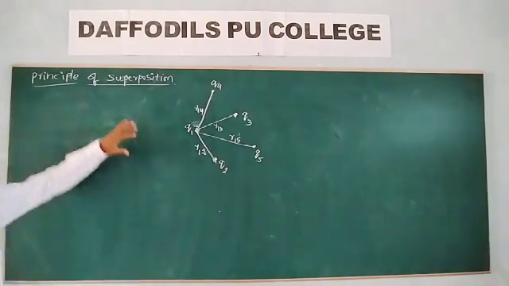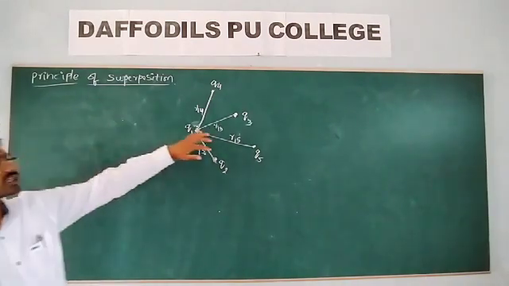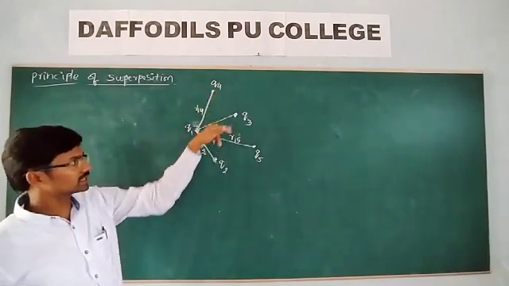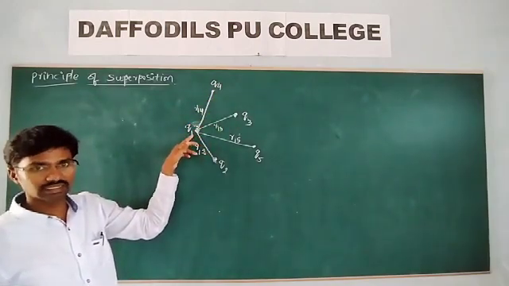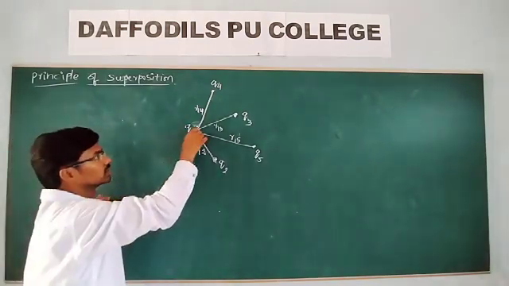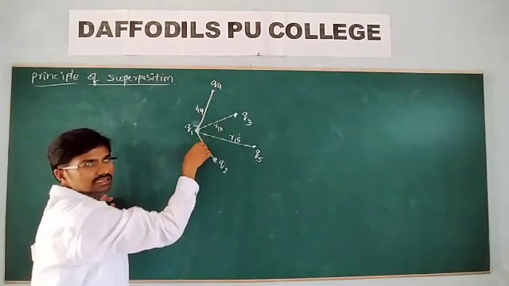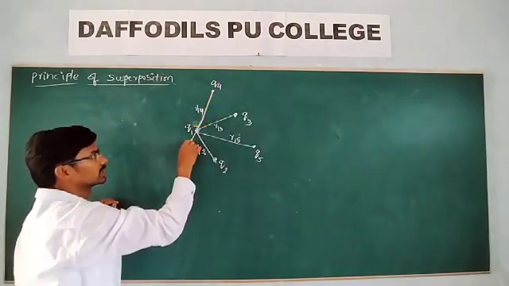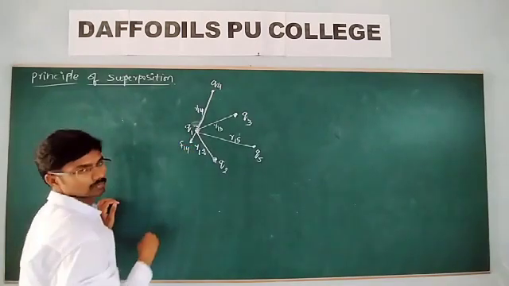So according to the principle of superposition, the force acting on a charge due to a number of charges at a place is the vector sum of the forces due to all the charges taken one at a time. Means the force in between this one is F1.